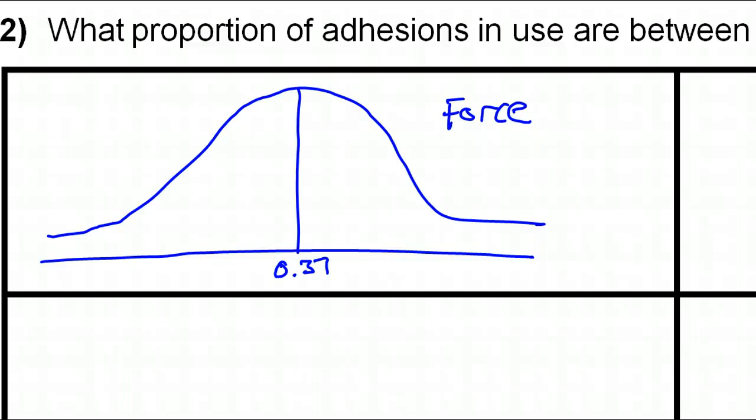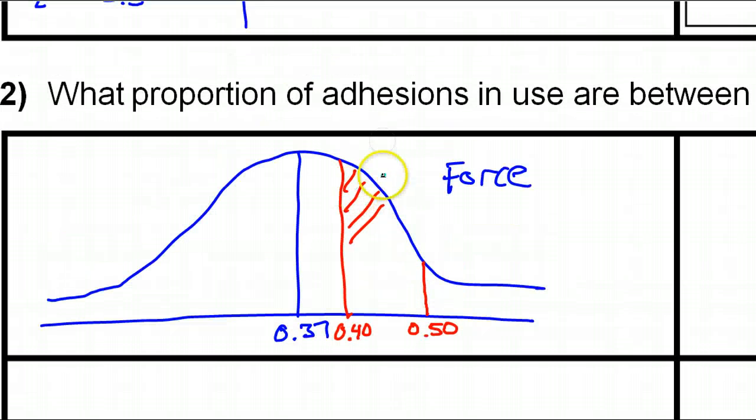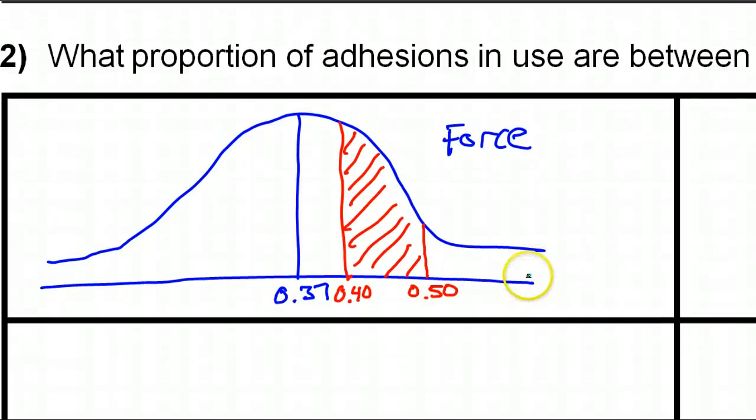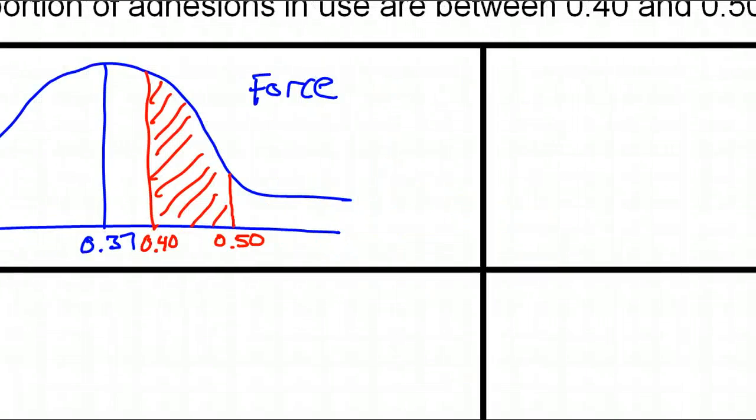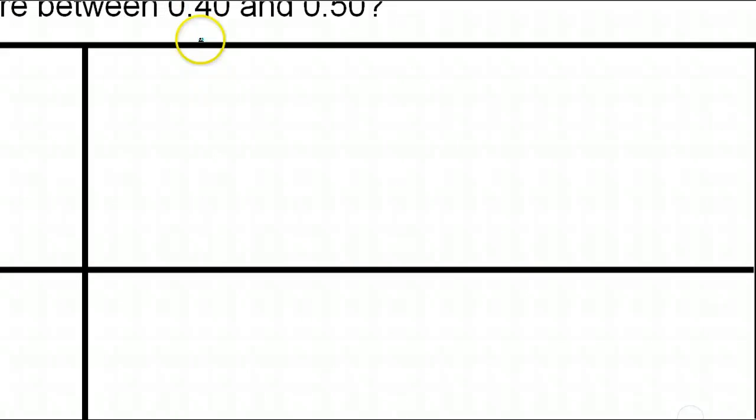So let's say this is 0.40 and this is 0.50. Okay, and if we want to know the proportion that's between these two values, then it's this shaded area that we are looking for.